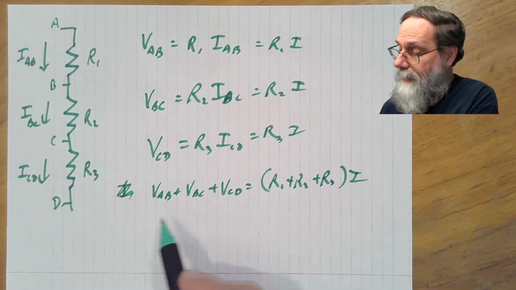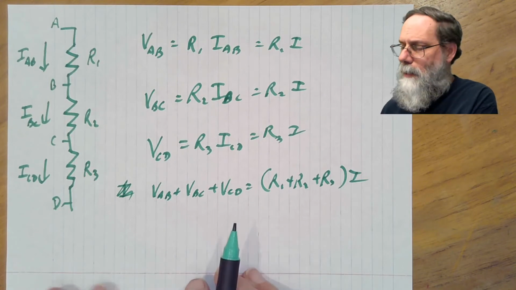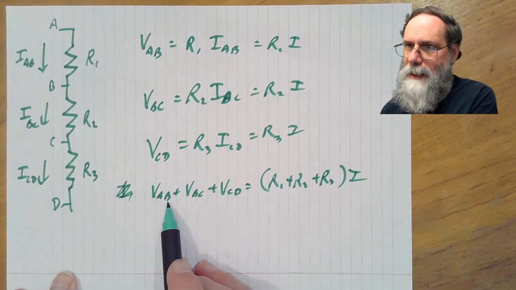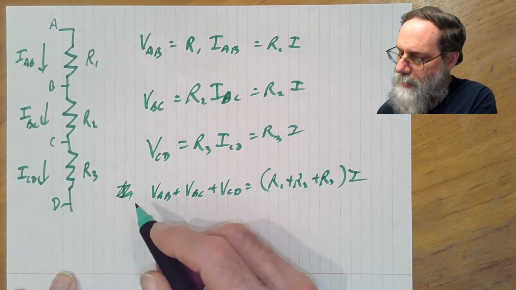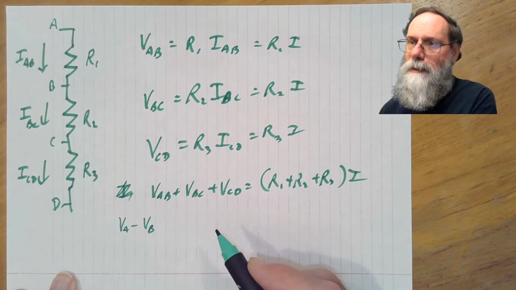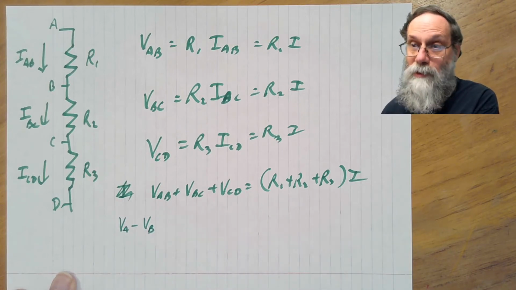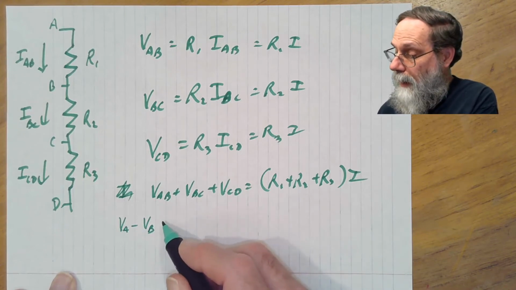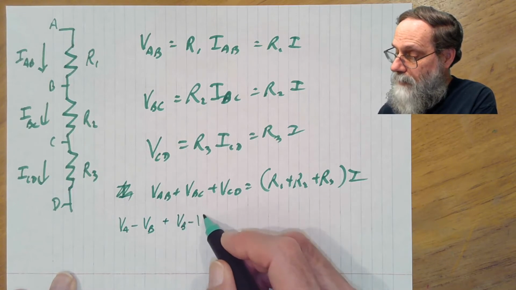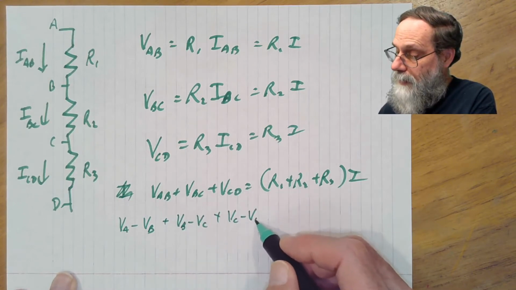Okay, let's look a little bit more carefully about what happens when we add these voltages together. Remember that voltage from A to B can also be represented as the voltage at A minus the voltage at B, comparing them both to some arbitrary node that's ground. And VBC would be VB minus VC, and VCD would be VC minus VD.